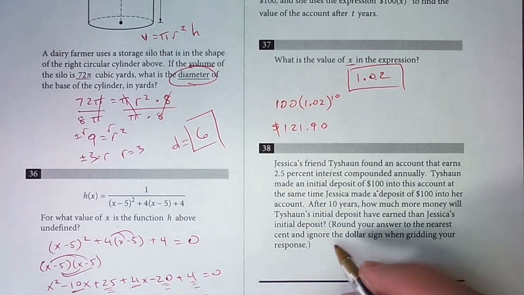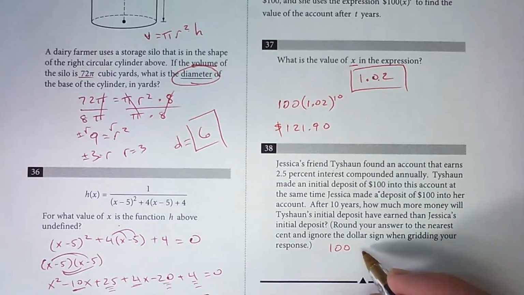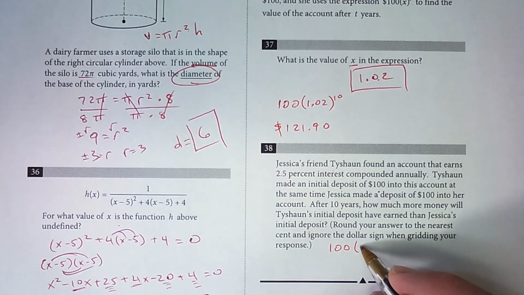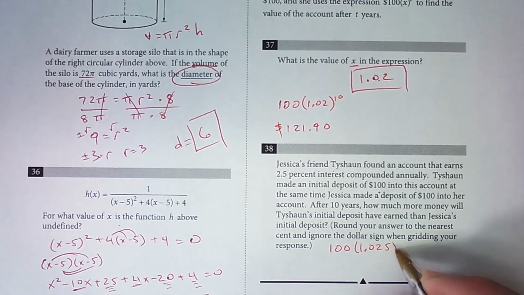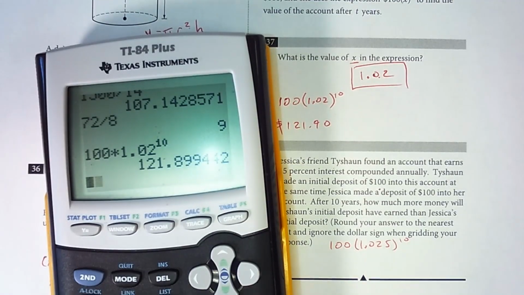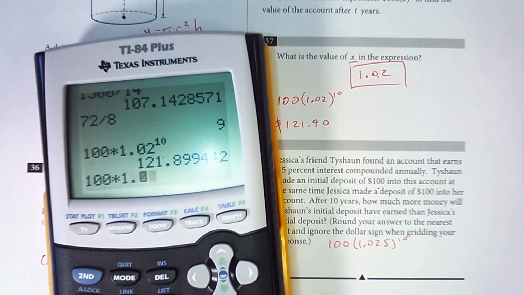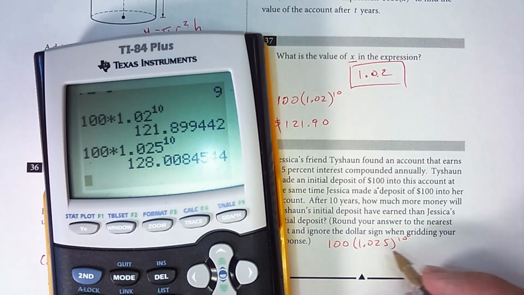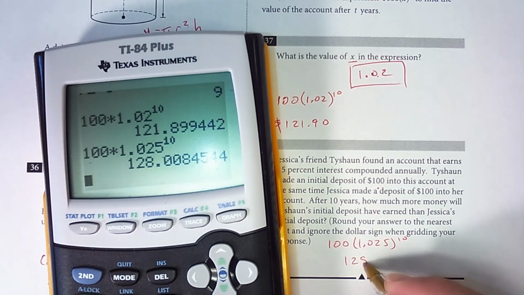But what about Tyshawn? Tyshawn put in $100, and he had a 2.5% interest rate, so that's 1.025 to the 10th power. So he had $128.01.